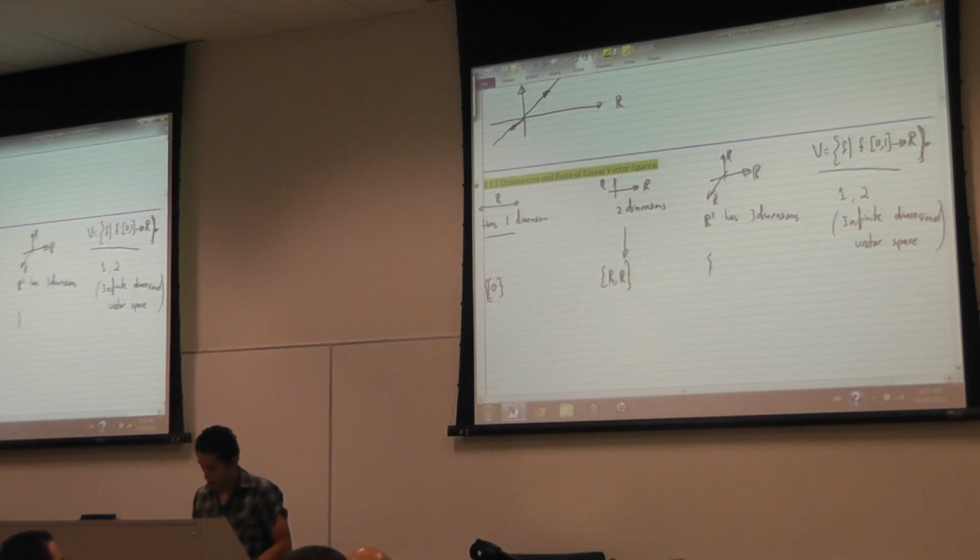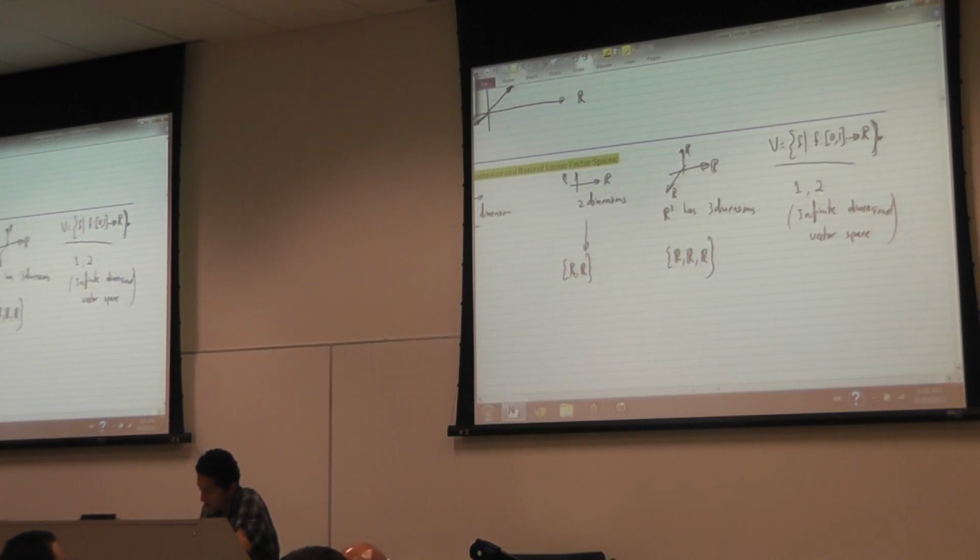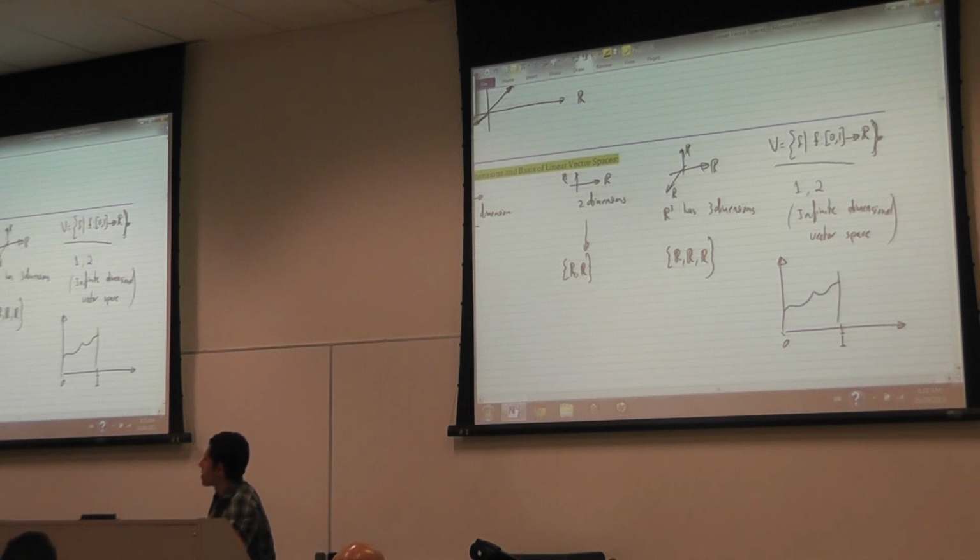Here, any vector is represented by 3 real numbers. Let's see what every vector here is represented by. A vector here is a function defined on [0, 1]. What do I need to define this function? I need the value at 0. I need the value at 0.1. I need the value at 1. I need the value at every single point here. I have infinite dimensions.